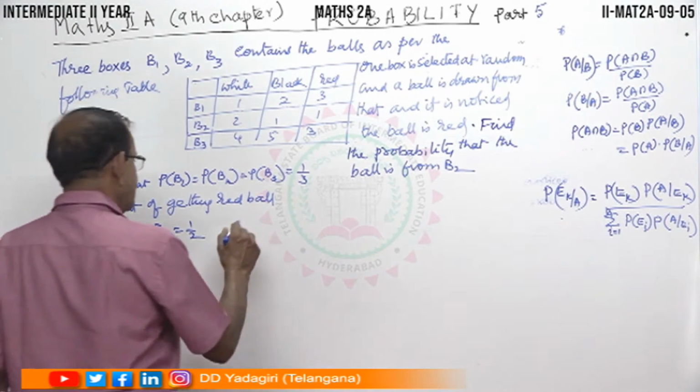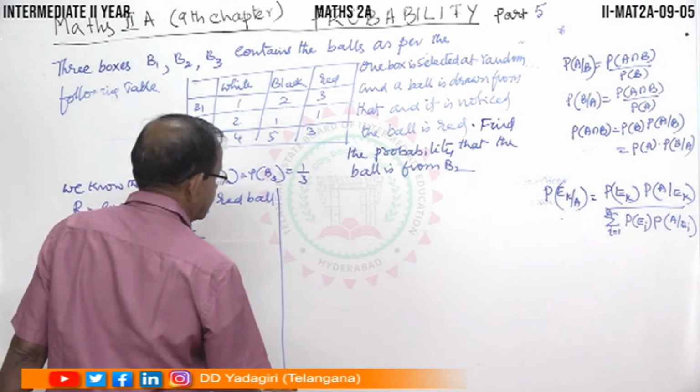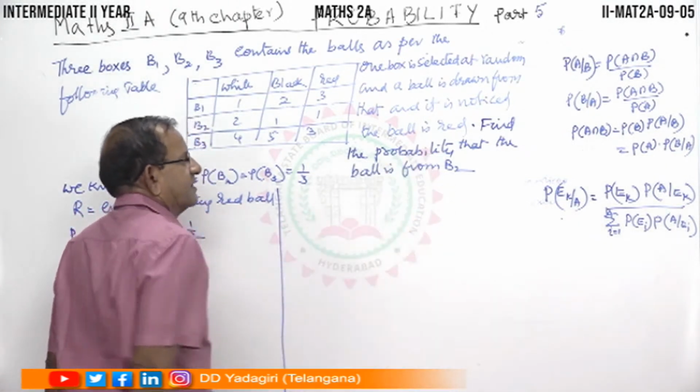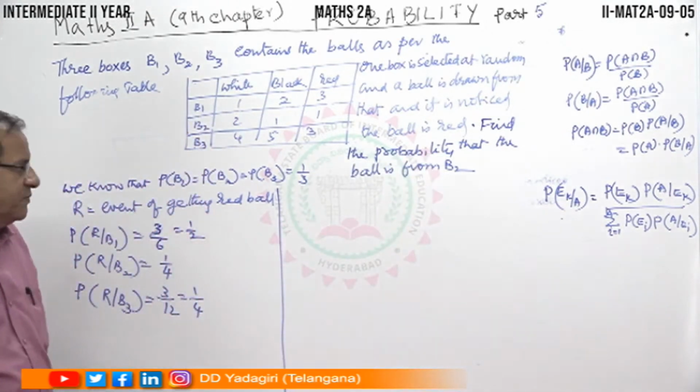Now, what is the question? What is the probability that the red ball is from box 2?